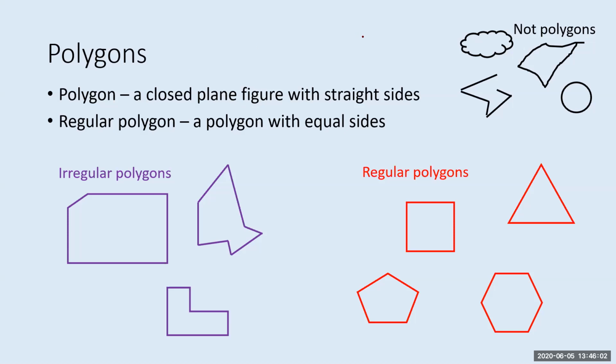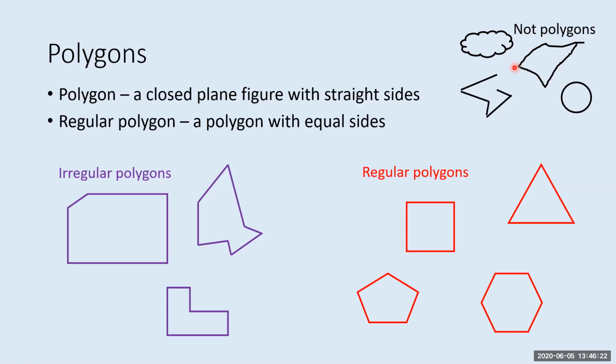Up in the top right corner of the screen here, I have some examples of shapes that don't meet that definition. So things that are not polygons. We've got this cloud shape. This isn't a polygon because it has all these curved edges. We just got this kind of random looking shape that I drew.